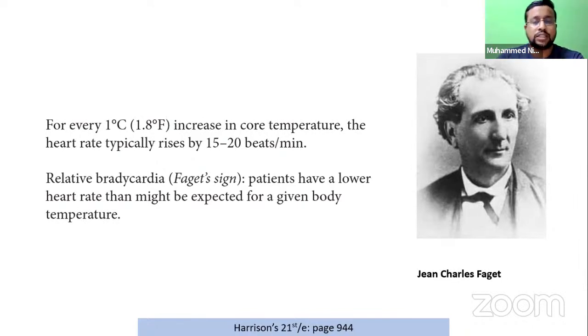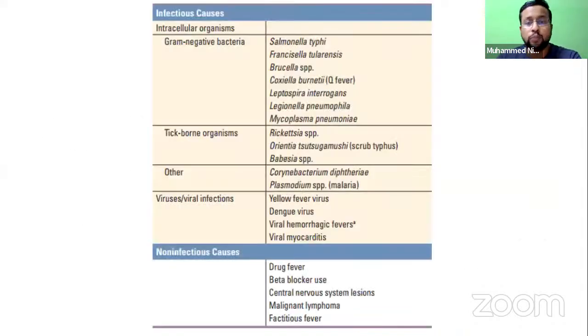This was first described by Sean Charles Faget in yellow fever classically, but it has been found in various other infections, including enteric fever, tularemia, brucella, coxiella, leptospira, legionella, mycoplasma, etc. And rickettsial infections, scrub typhus, babesia, even in diphtheria and malaria.